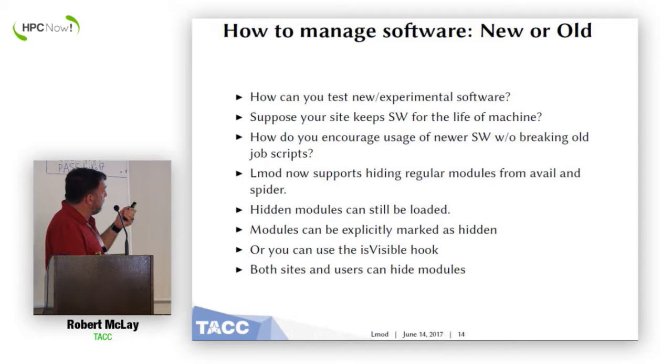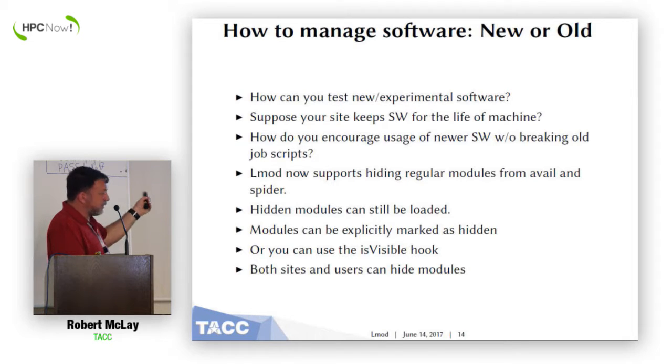So Lmod now supports hiding regular modules from Avail and Spider, so that you can say the old version of Bowtie that's 2 years old doesn't show up at Avail, but somebody's old job script will still find it. Hidden modules can still be loaded.